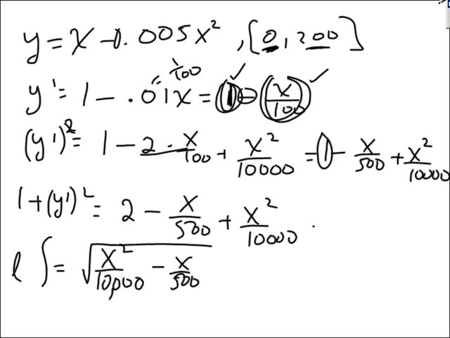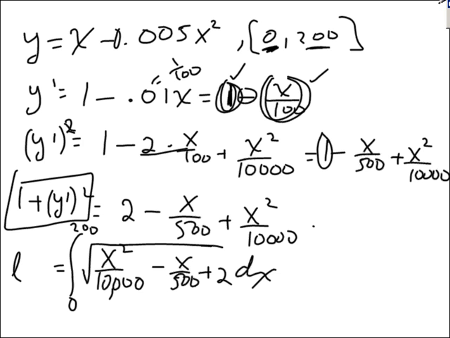Like I said, at least I'm pretty sure I said, this is only going to work from 0 to 200. This is only going to work if 1 plus dy dx or 1 plus dx dy is a perfect square.